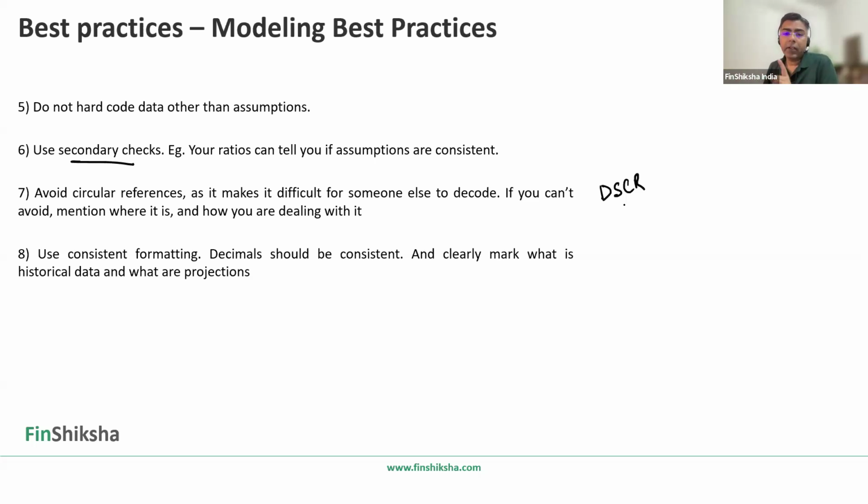And very critical, especially if you're sending your model for review to somebody, use consistent formatting. Decimals should be consistent. Do not put one number saying 1020, another number saying 1031.8, and a third number saying 831.327. It's very difficult visually to look at these three numbers. Which one is the largest out of these three?